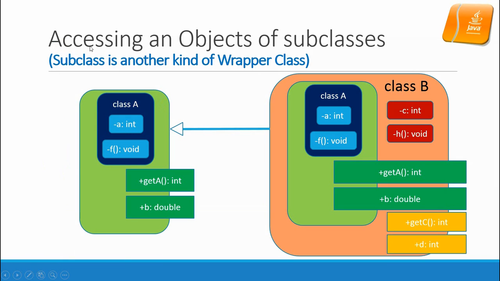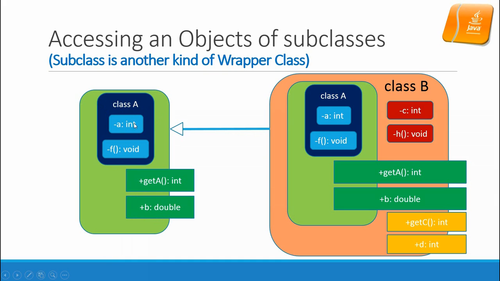Here is a conceptual diagram for how to access objects of subclasses. A subclass is another kind of wrapper class. Say right here, class B inherits class A, and class A has one private data field a as an integer, one private method f, and one public method getA to get the data, and then one public data field b as a double.